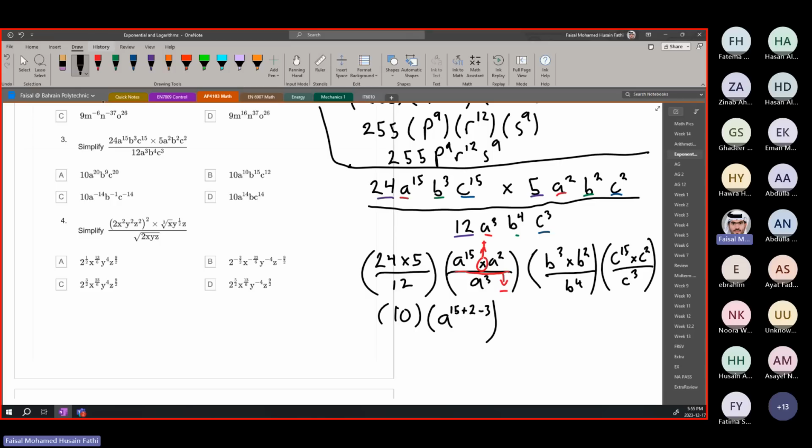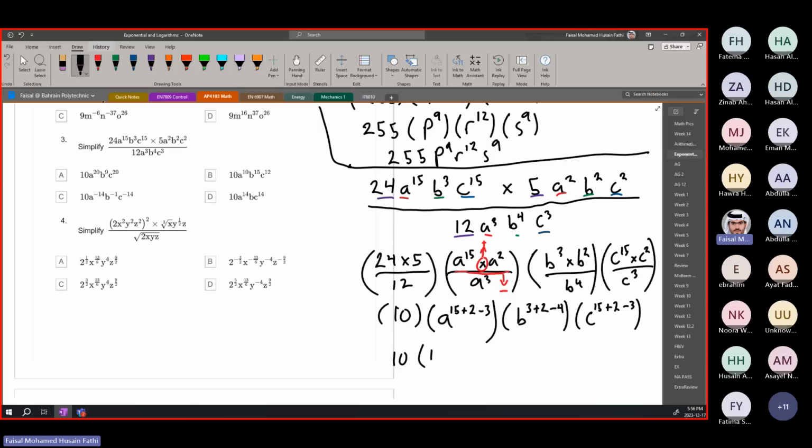The concept you need to understand is when you are separating different entities and different variables. Same thing for B. B is going to be 3 plus 2 minus 4. Same thing for C. 15 plus 2 minus 3. 10 into 15 plus 2 is 17, minus 3 is 14.